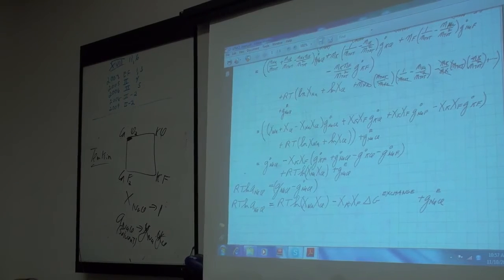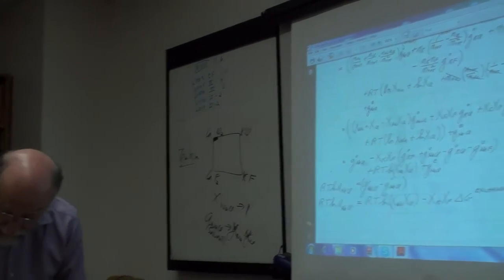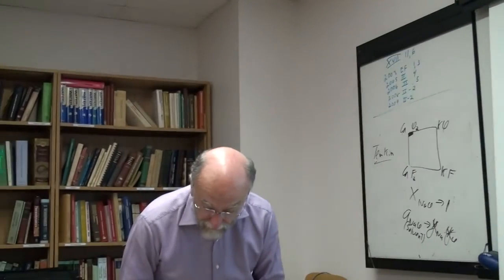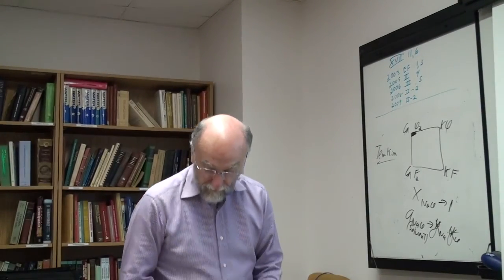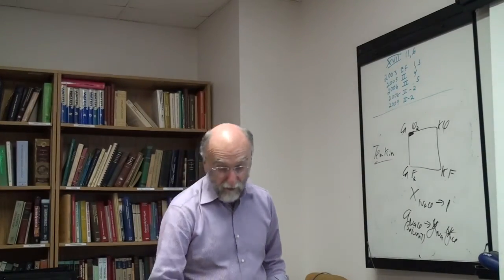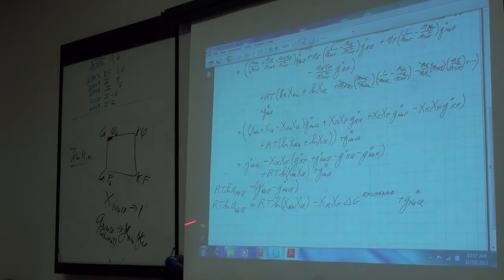Okay, so first of all, just notice, by the way, that in the very dilute solution this exchange term goes to 0, this goes to 0. This is the only term we're interested in: RT log activity of solvent equals RT log of the product of the site fractions.